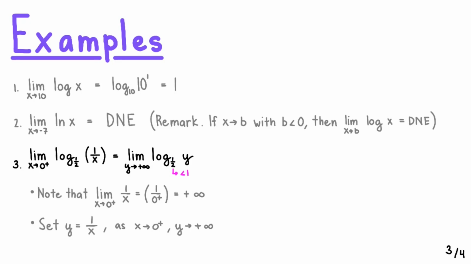So this logarithm out here represents the second case earlier. And since y approaches positive infinity, we have seen earlier that this approaches negative infinity out here. There. So that answers the third example.